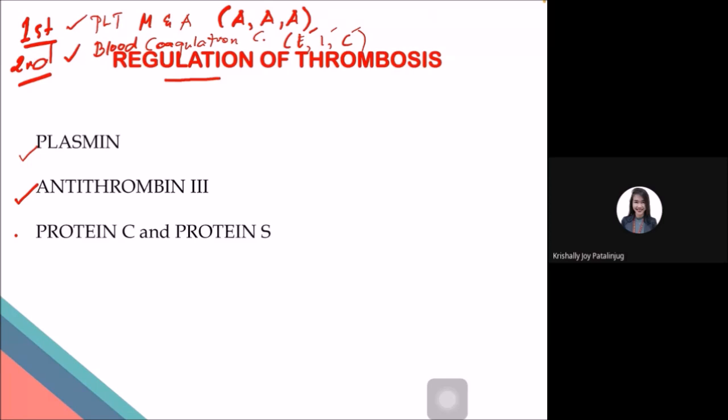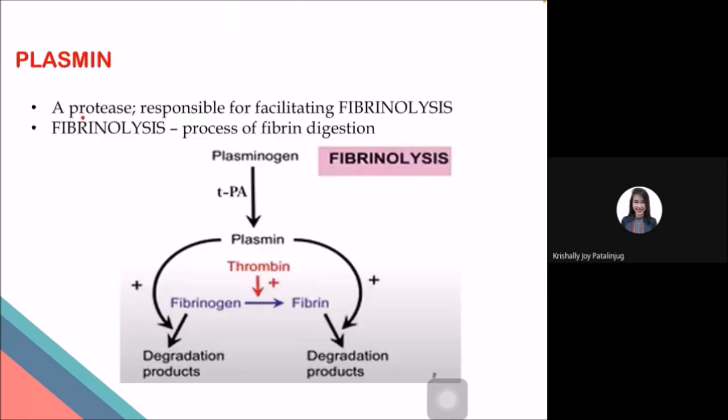Okay, so let us discuss them individually. So starting with plasmin. Okay, plasmin, this is an enzyme. It is a protease enzyme. Okay, and this is responsible for the process called fibrinolysis. Importante yung plasmin for the process called fibrinolysis.